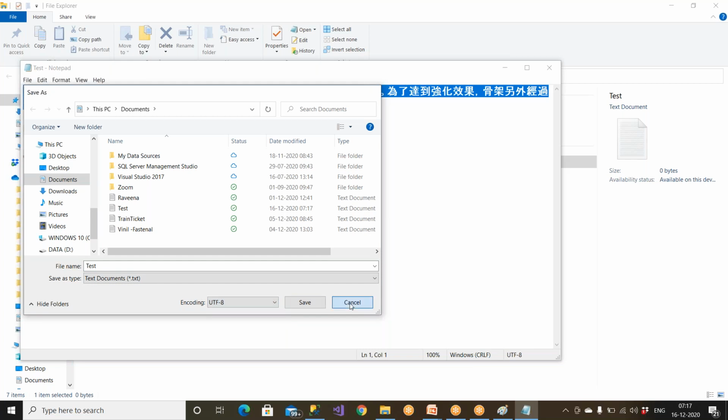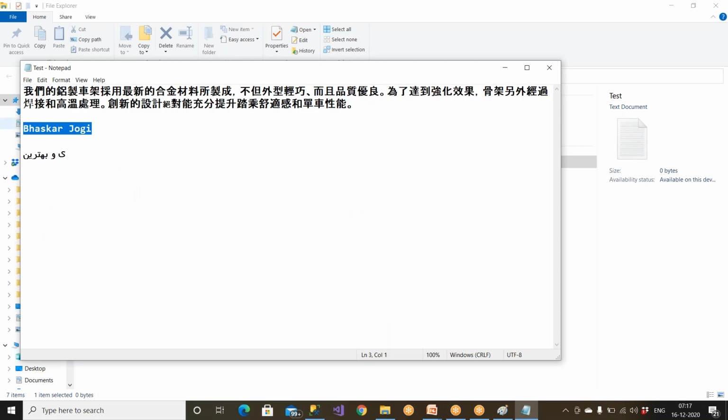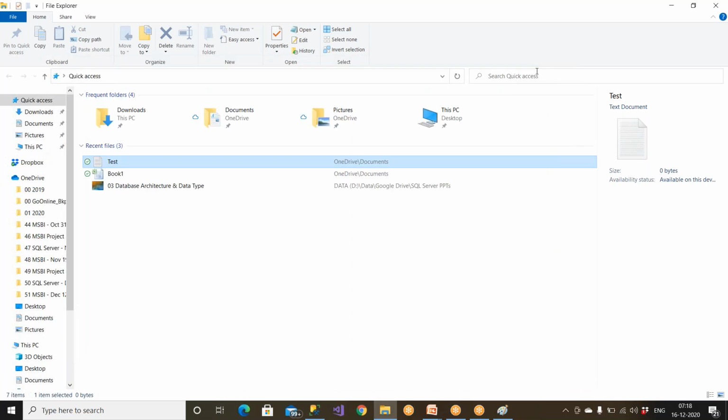On a lot of other computers, if you open Linux and open the notepad, their notepads support purely English data, not this kind of data. Nowadays, even Notepad is supporting this data. If they don't support it, they are out of the market. That's what I'm saying: if any application does not support this, they're out of the market. They need to support it. So you can save any kind of data anywhere nowadays.